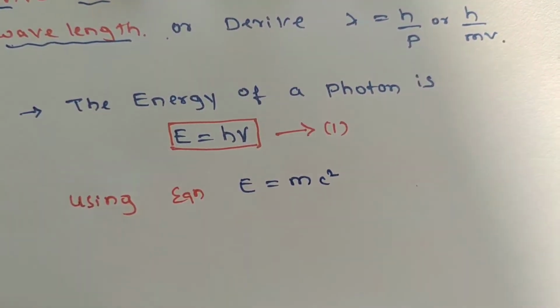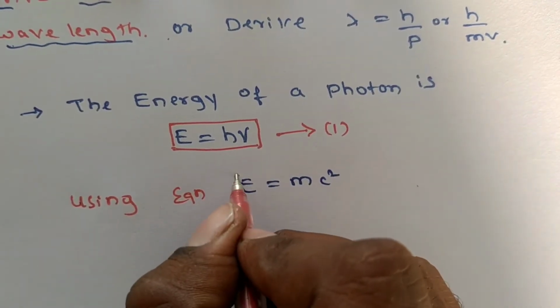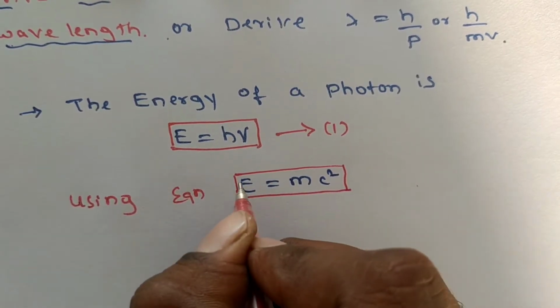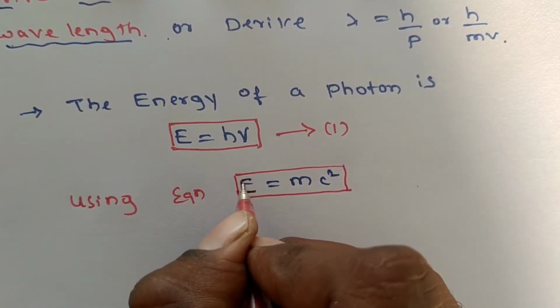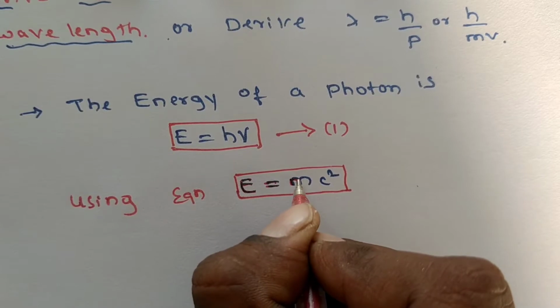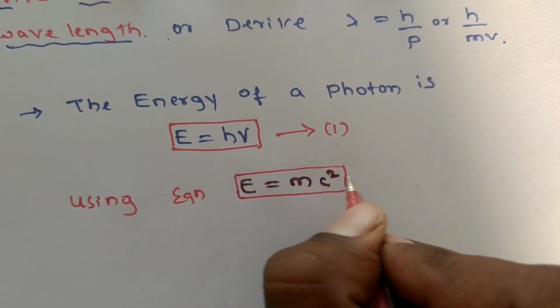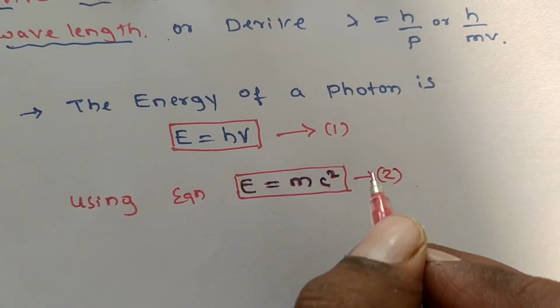Energy converted into mass and mass also converted into energy. This is equation number 2.